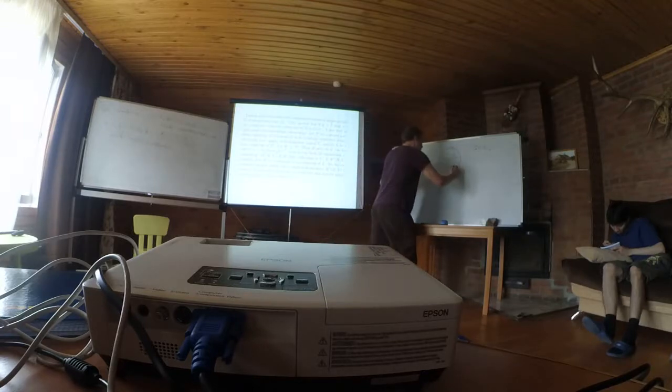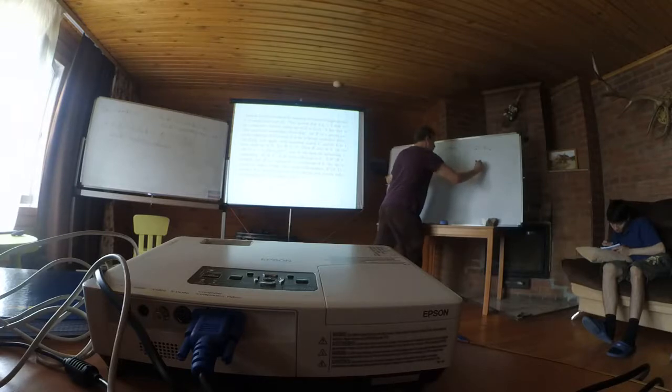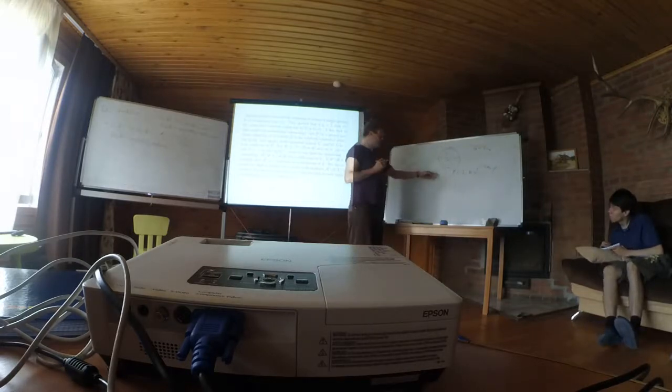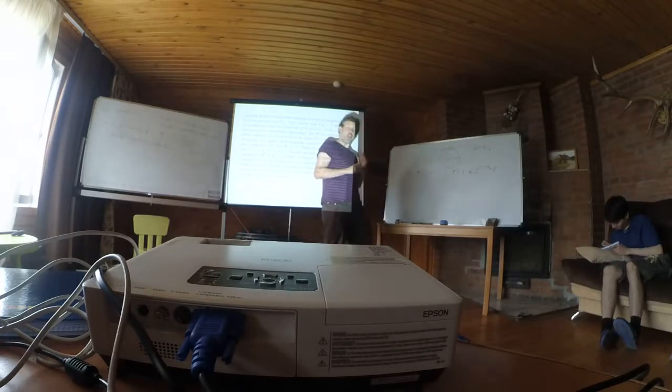Remember that P is L semi-direct product V, where V is the unipotent radical. Yeah? So you get this for any choice of Levi. You fix a choice of Levi, you have this projection pi_L. If you choose a different Levi, you get a different projection.